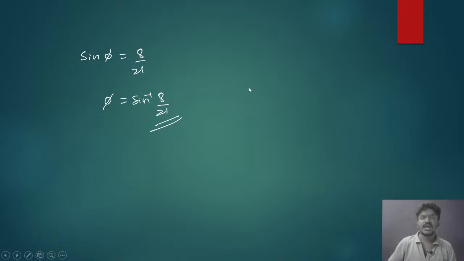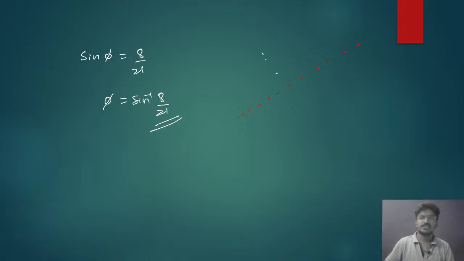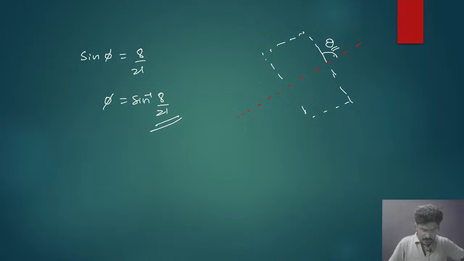So if there is a line and there is a plane like this, they are intersecting each other. This is theta. We are finding that angle. Samarth, I think you got your answer.